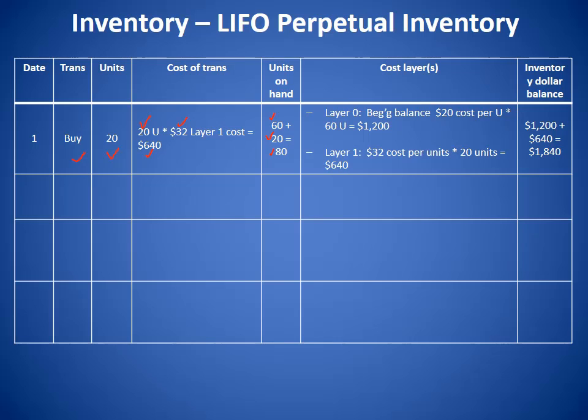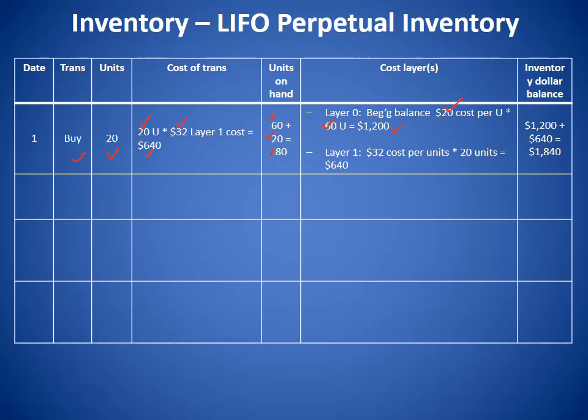So now under LIFO inventory, we have to determine the cost of each layer. Layer 0, basically the beginning balance: the cost per unit in layer 0 was $20 a unit, and we had 60 units. That means the total value locked within layer 0 is $1,200.